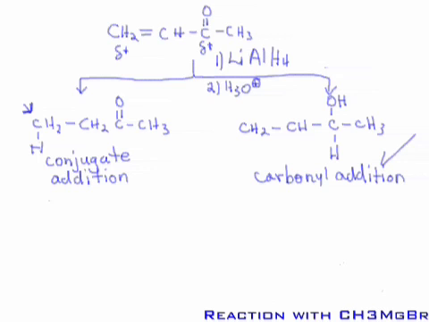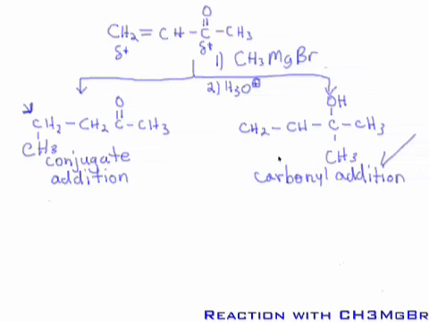Now, what's really interesting is if I cover this reaction with Grignard reagent, methyl magnesium bromide. Methyl magnesium bromide, again, would either put a CH3 here in conjugate addition, or CH3 in this position for carbonyl addition.